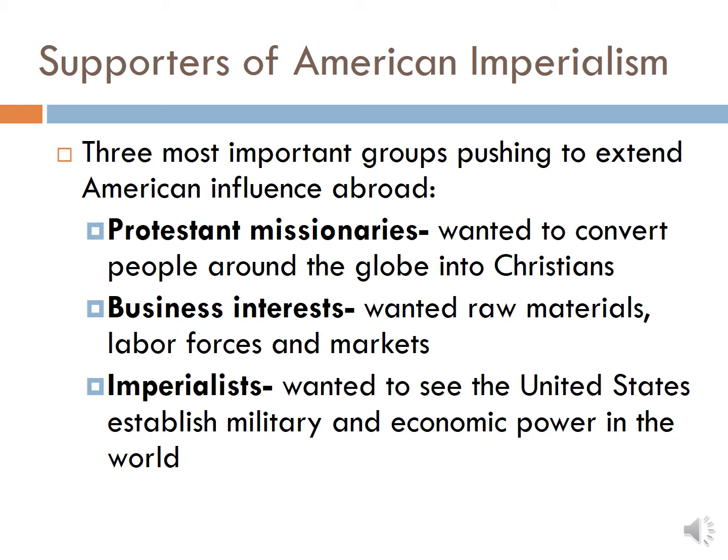So there were a lot of goods that America produced that were desired in other parts of the world. Things like Kodak film, or Singer sewing machines, or Standard Oil, tobacco, American tobacco, American wheat and flour, right?